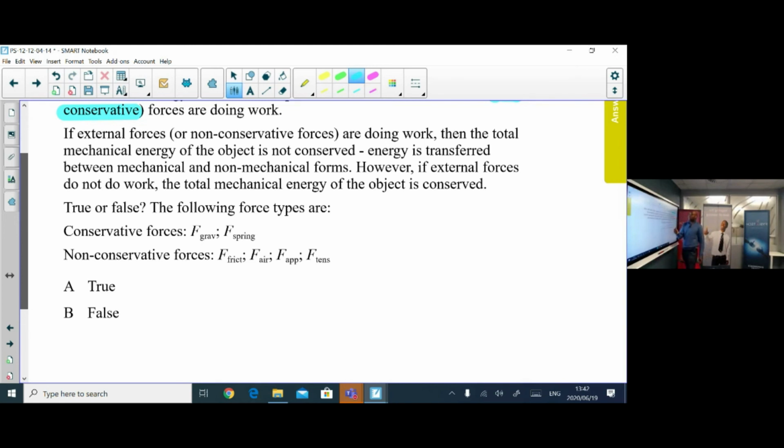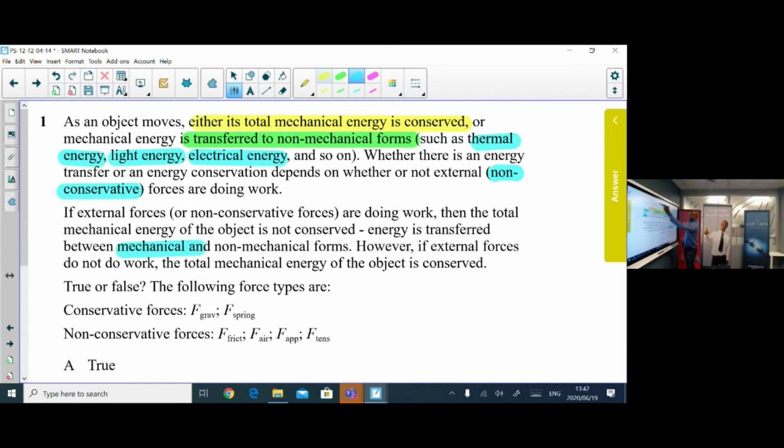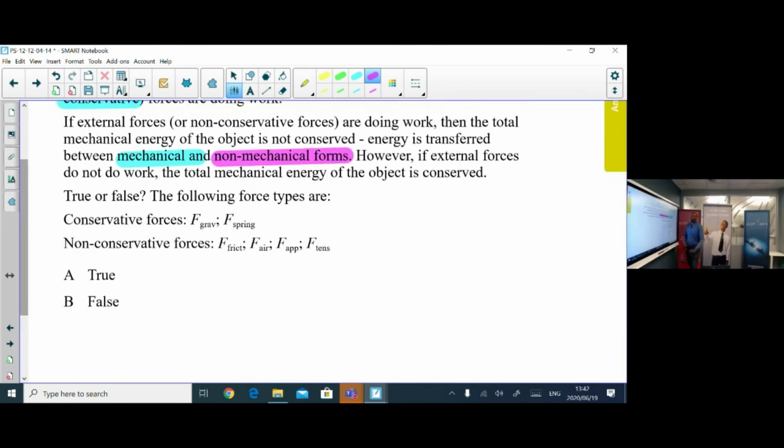Energy is transferred between mechanical and non-mechanical forms. However, if external forces do not do work, the total mechanical energy of the object is conserved. All right, true or false?